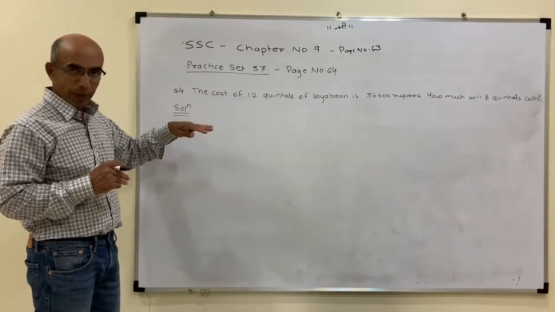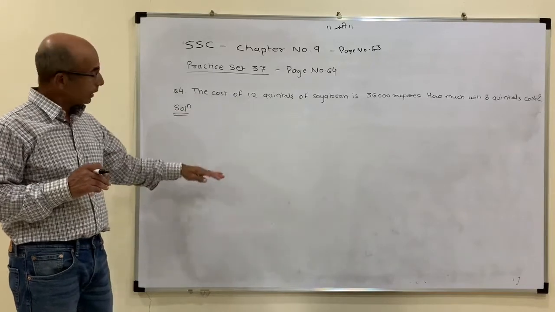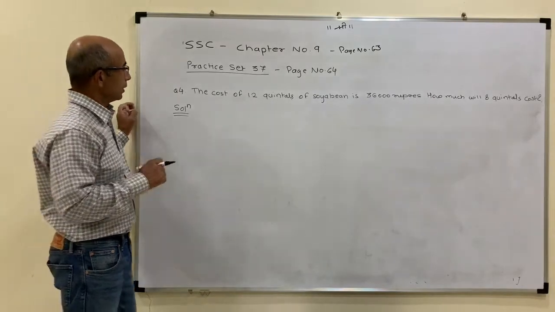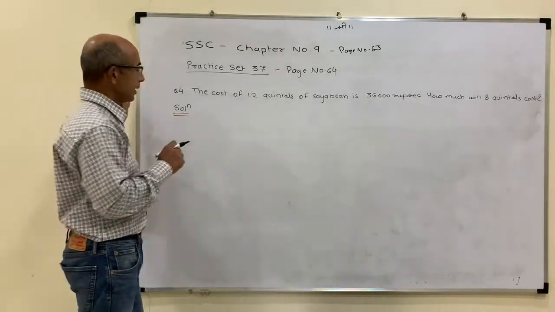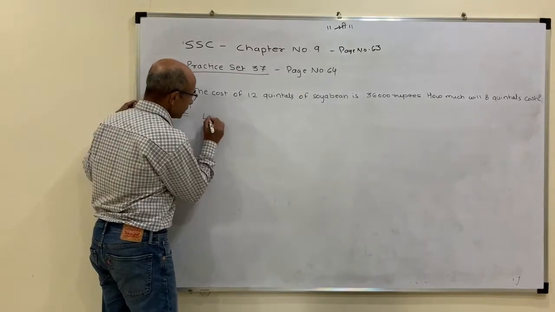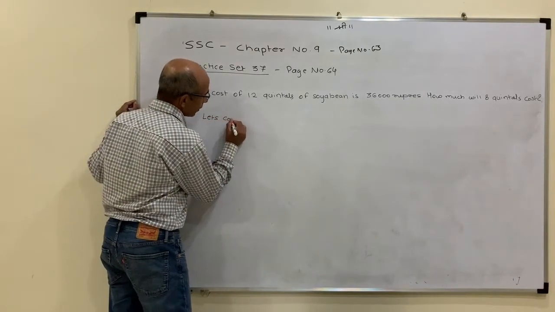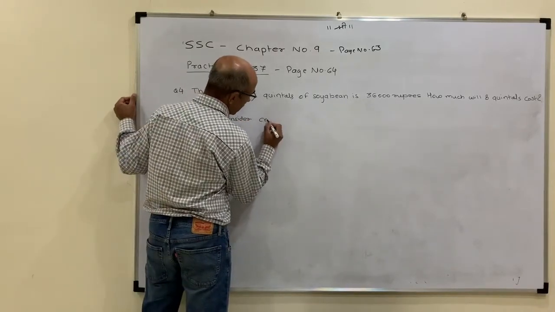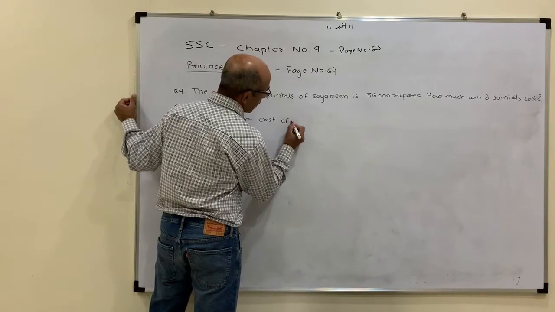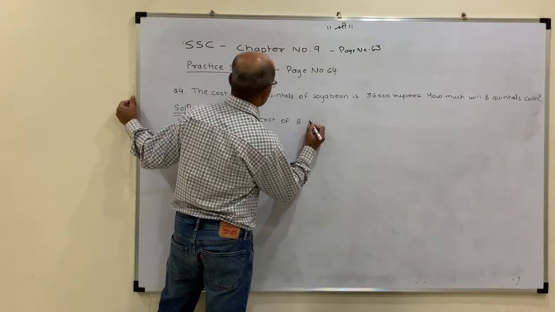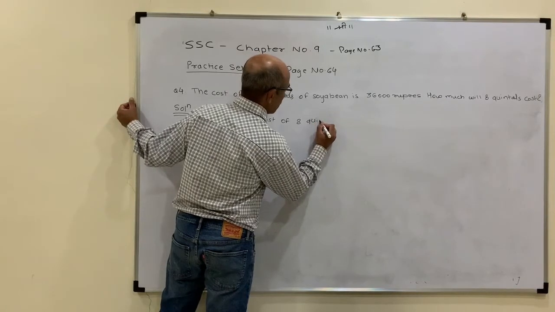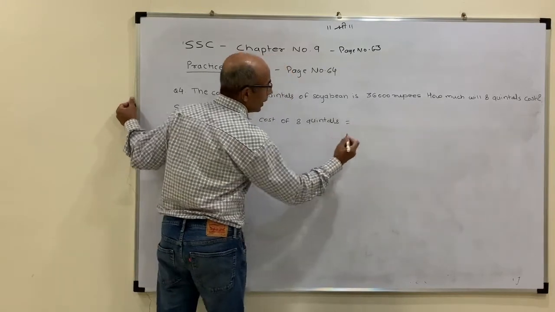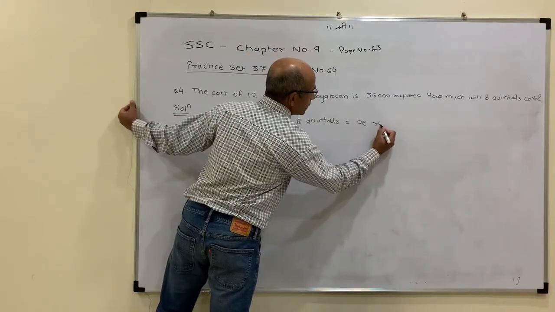Once you are done, play the video and check whether your steps and answers match mine. What is to be found, we will consider as x. So let's consider the cost of 8 quintals equal to x rupees.